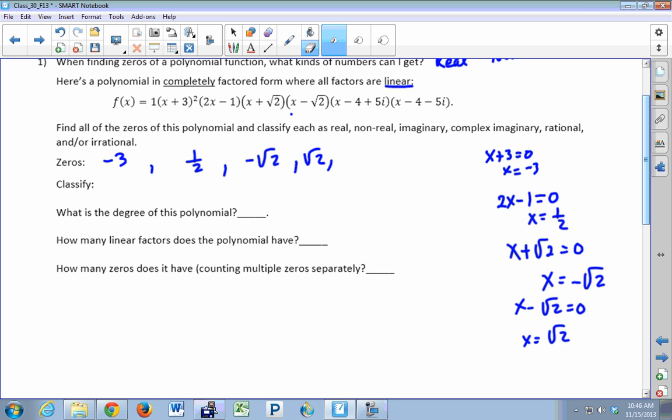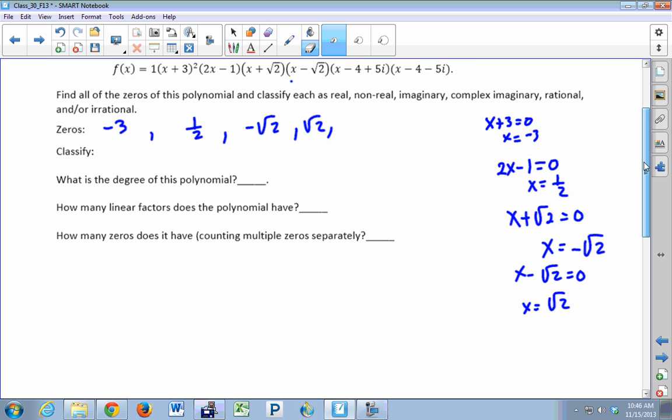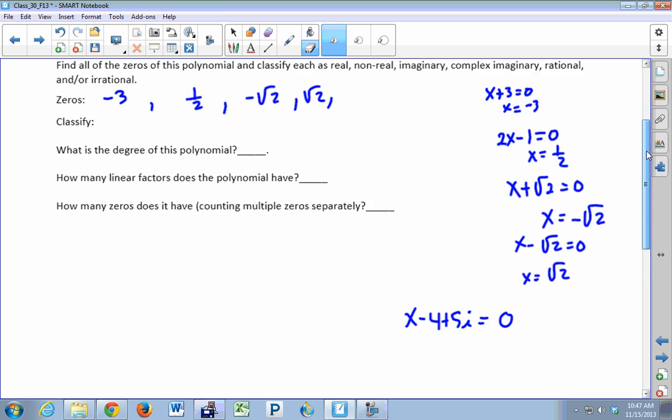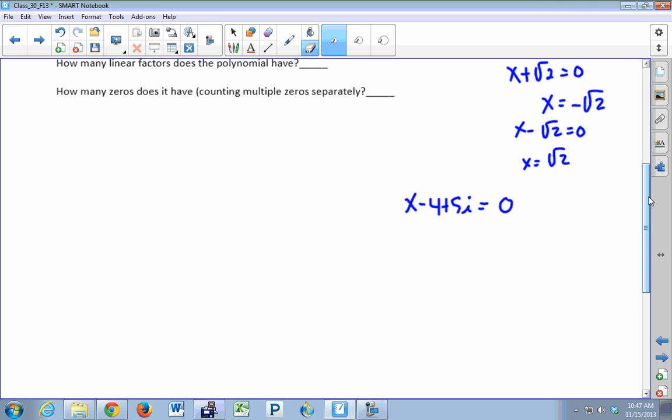Whew, the next one. I don't know if anyone's going to be brave enough to take the next one on. Let's see who gets the badge of courage here. Oh, gosh. I don't know how to do that one. Solve for x. We want that all by itself. So how do we get rid of that -4? Add 4 to both sides, so that's where we'll start like we always do.